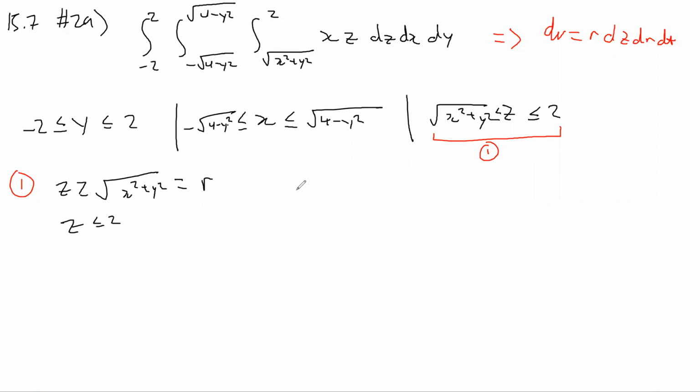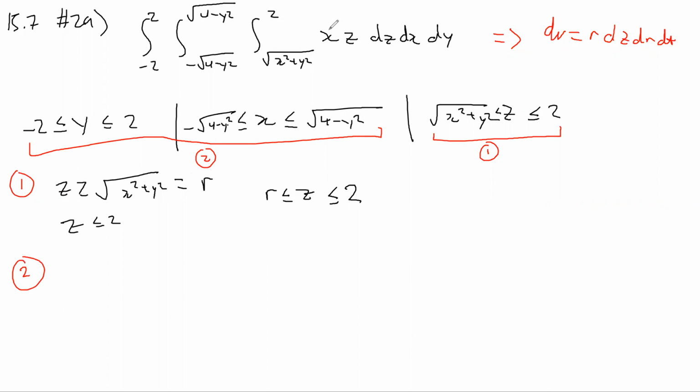So what we can say about z is that in cylindrical coordinates, we want z to be greater than r, and we want it to be less than or equal to 2. Now let's look at the other parts of the equation. Now we want to look at the radius, and I'm actually going to look into both of these inequalities for the second part of this question.